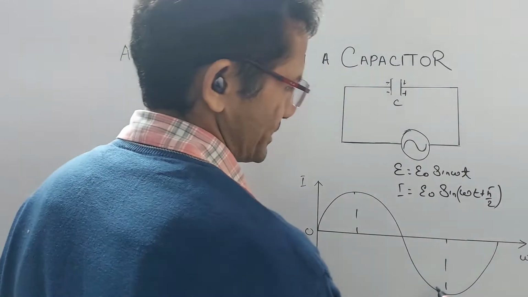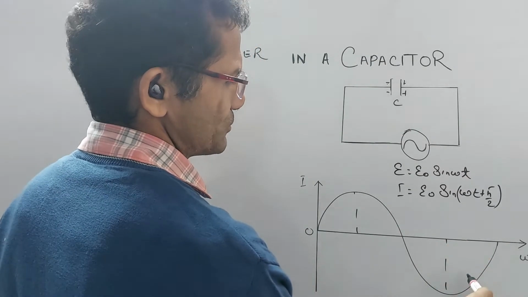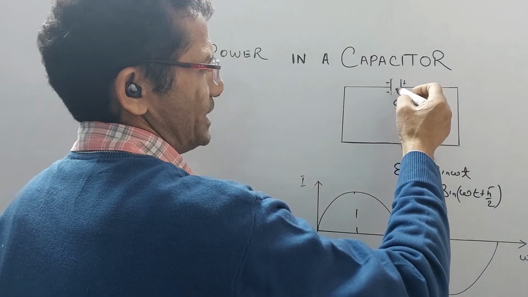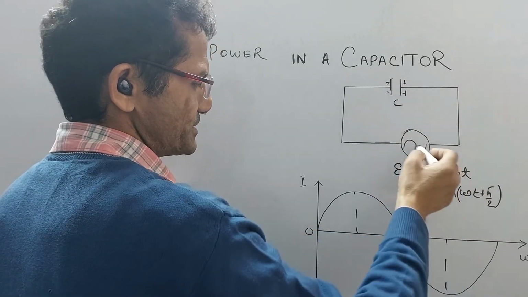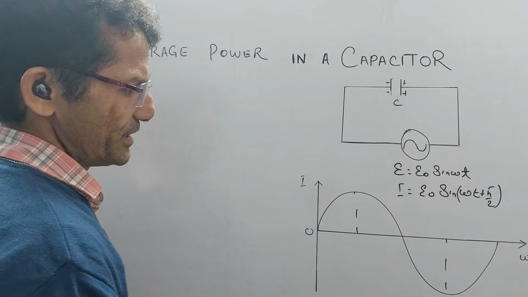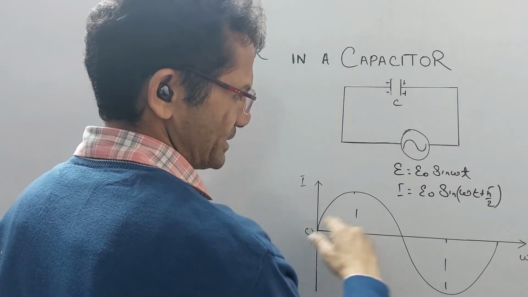In the third quarter it is fully charged, and in the fourth quarter the charge is transferred back to the source. We call this the discharging of the capacitor. In this way we come back to the initial position.